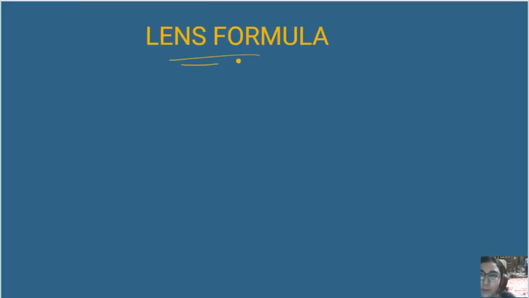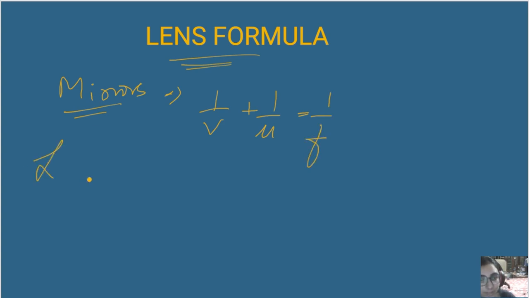Okay, so the lens formula. We had said that for mirrors, the formula was 1 by v plus 1 by u equals 1 by f. For lenses, it's 1 by v minus 1 by u equals 1 by f. The derivation is not important.